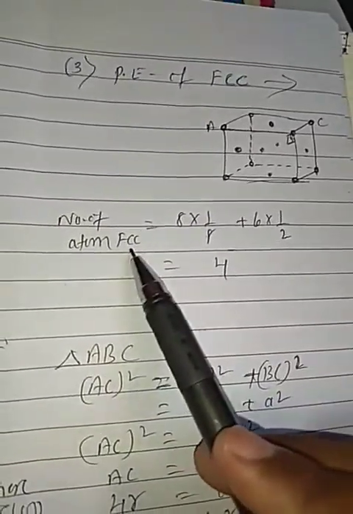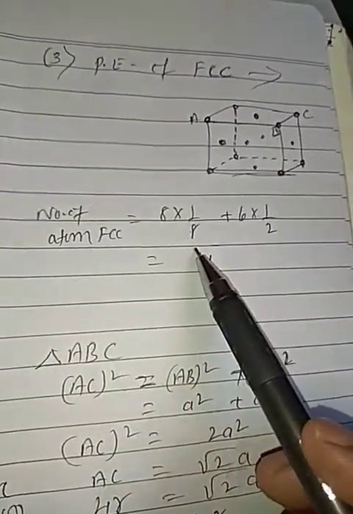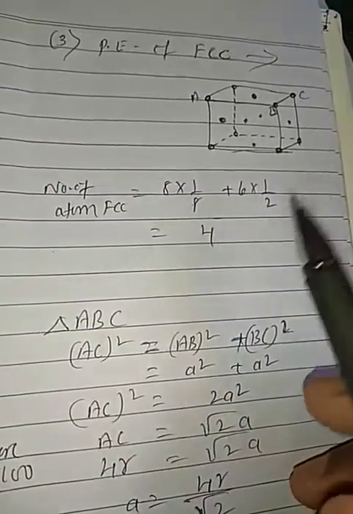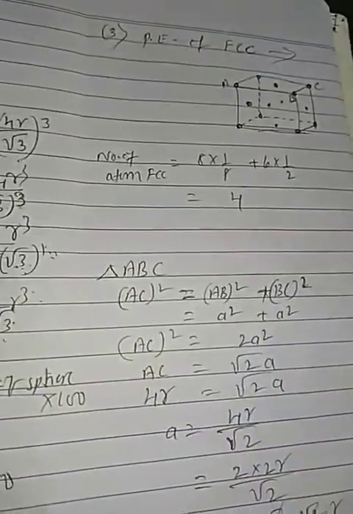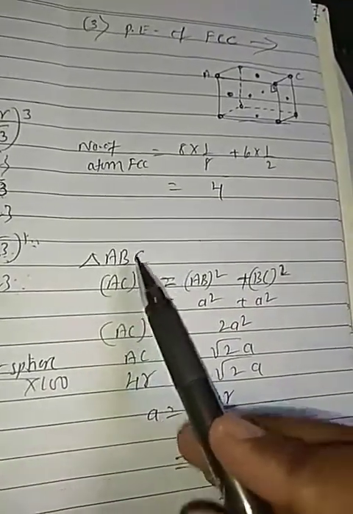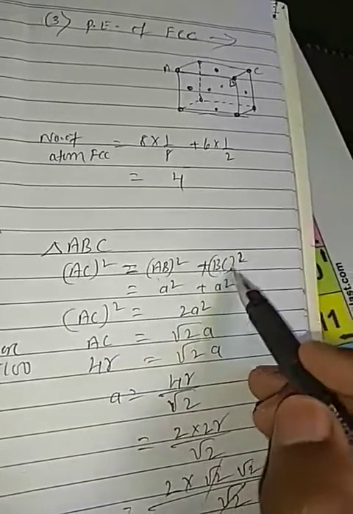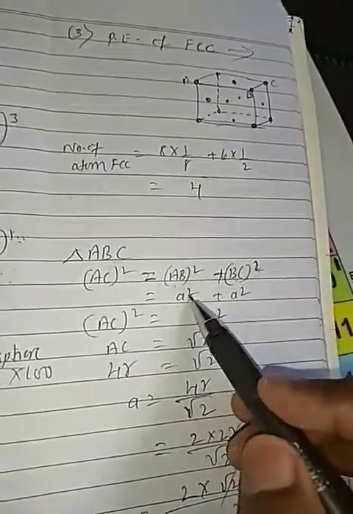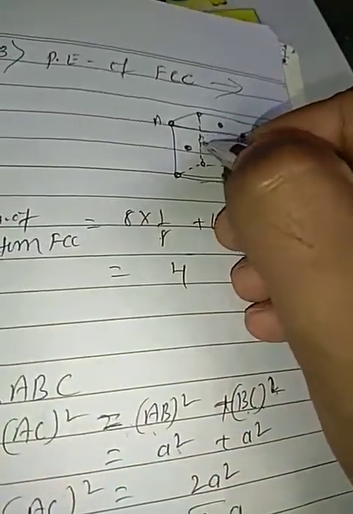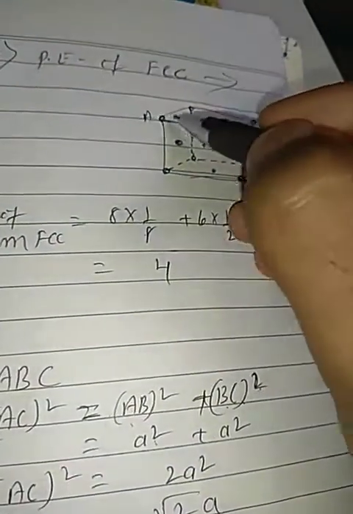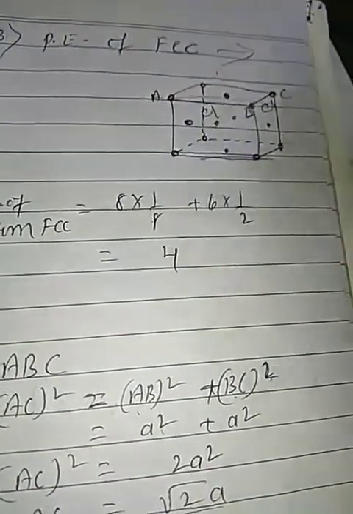The number of atoms in FCC is 8 into 1 by 8 plus 6 into 1 by 2, that is 4. Number of atoms in FCC is 4. So in triangle ABC, AC whole square is equal to AB whole square plus BC whole square. AB value is A and BC value is A. We want to calculate the face diagonal length.